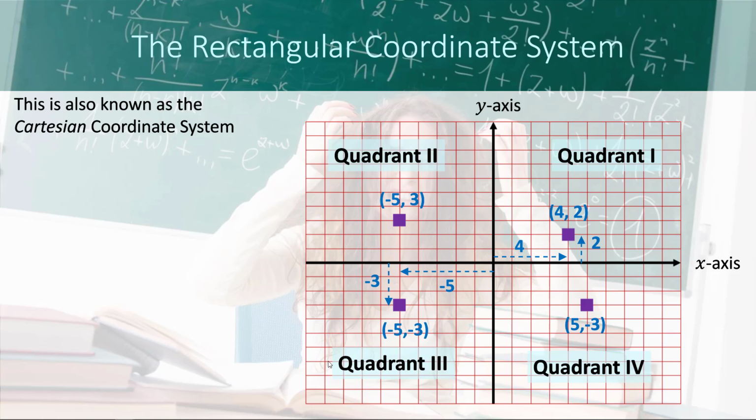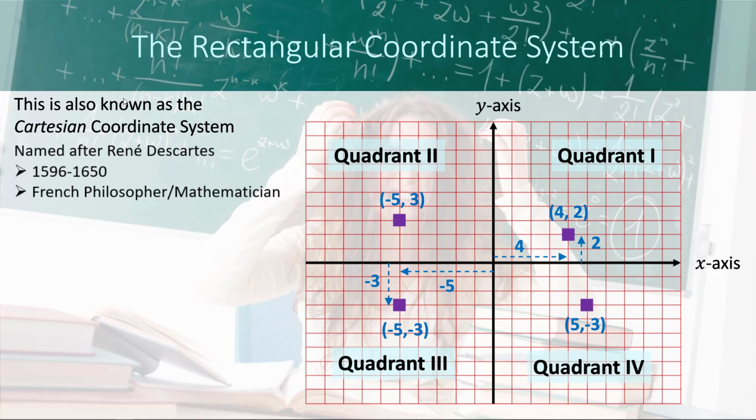Okay, and this brings us to the rectangular coordinate system, also known as the Cartesian coordinate system. It turns out that there is a one-to-one mapping between each ordered pair and a point on the rectangular coordinate system. Of course, this was the brainchild of René Descartes, who was a French philosopher between the 1500s and 1600s.